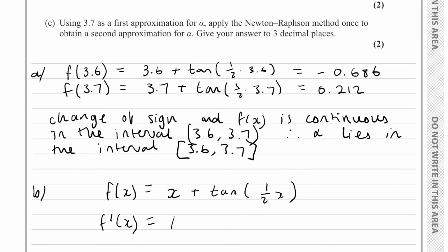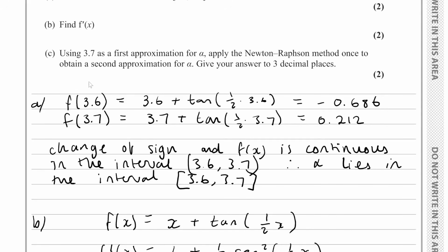Differentiate tan x. So when we differentiate tan, it goes to sec squared. And we're going to times by the bracket differentiated, which is half. So it's going to be plus half sec squared half x. So tan x differentiates to give sec squared x. Then we times by the bracket differentiated, which is a half. So it becomes half sec squared half x.